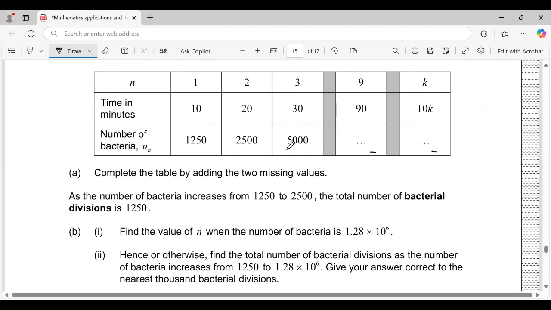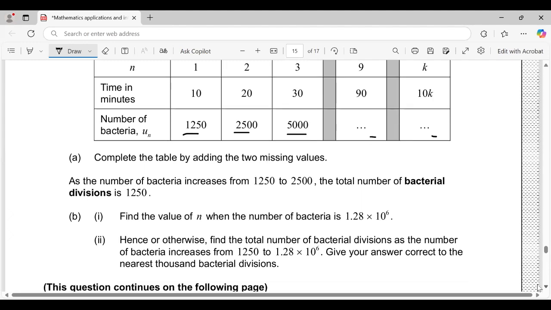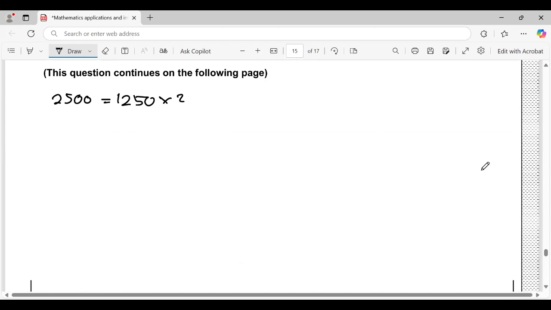And 5,000 is from 2,500 times 2, and 2,500 is from 1,250 times 2. So this times 2 becomes this one, and this times 2 becomes this one. So the bacteria are doubling every 10 minutes, according to the information.